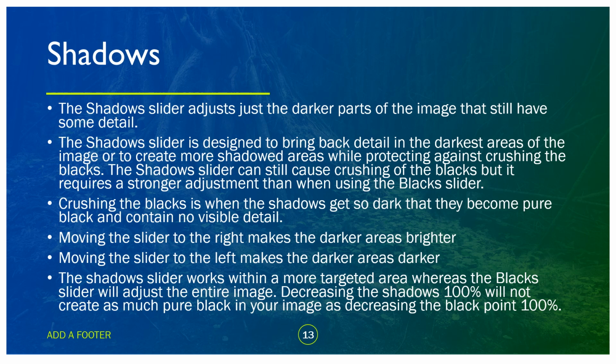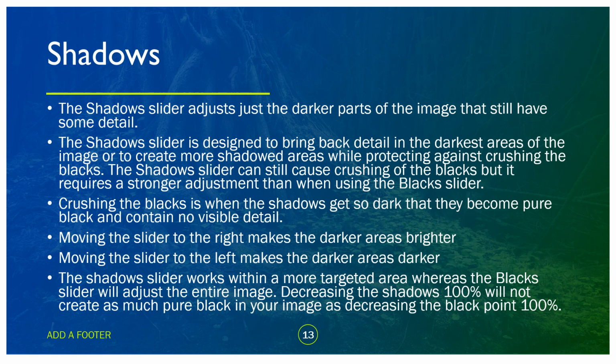The shadows slider adjusts just the darker parts of the image that still have some detail. The shadows slider is designed to bring back detail in the darkest areas of the image or to create more shadowed areas while protecting against crushing the blacks. The shadows slider can still cause crushing of the blacks, but it requires a stronger adjustment than when using the blacks slider.